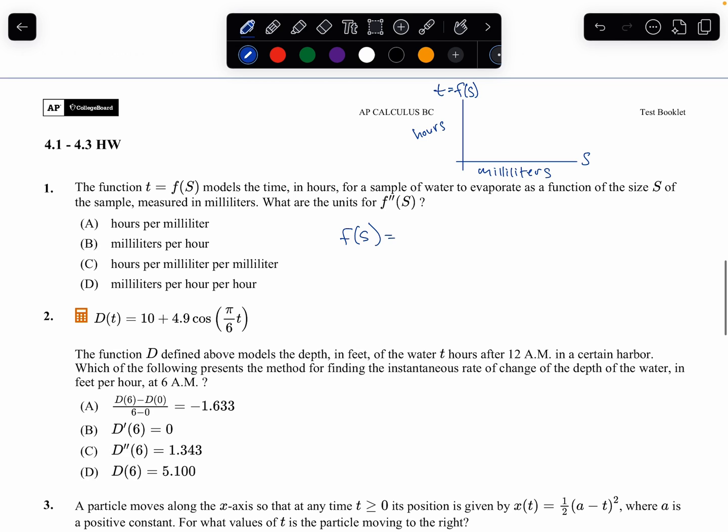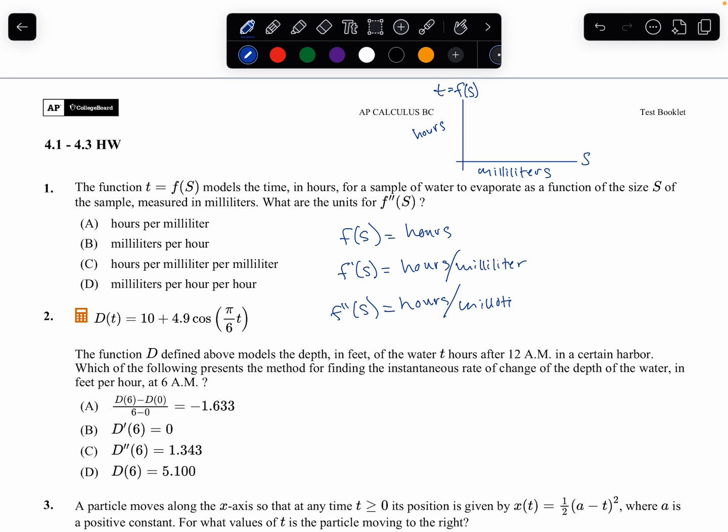So f of s, we're saying, is measured in hours. We're saying f prime of s would be equal to hours per milliliter. And that means the second derivative would be equal to hours per milliliter, per milliliter.